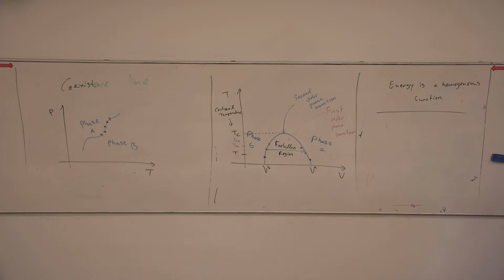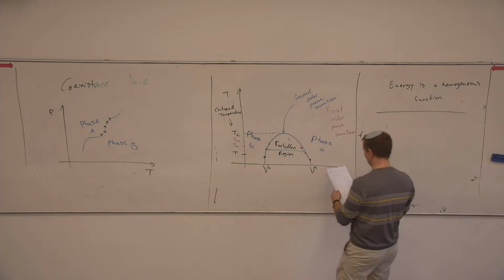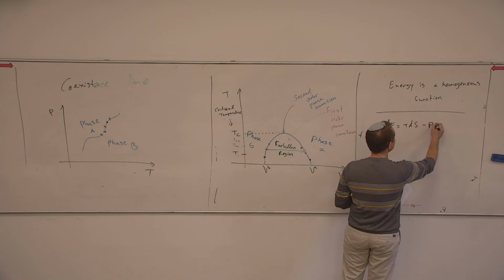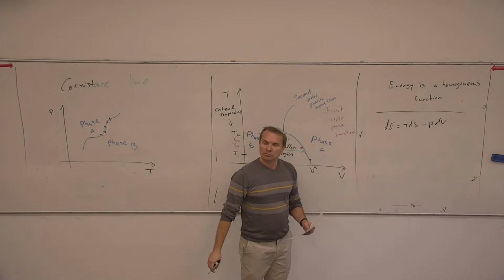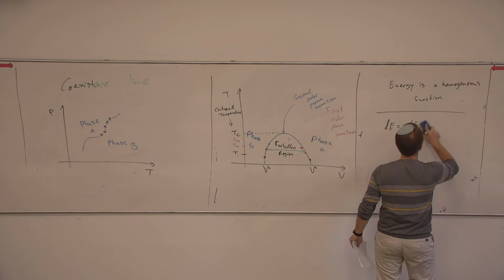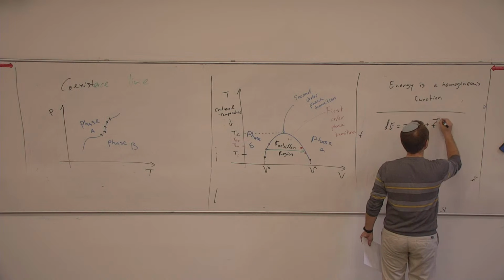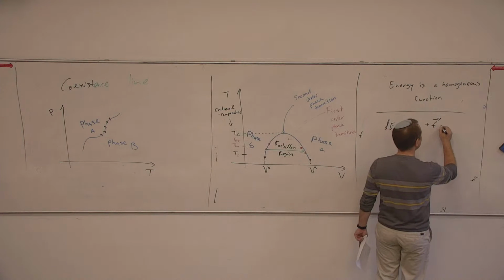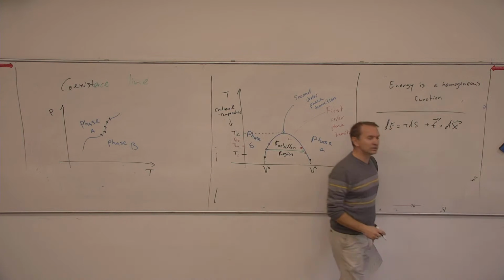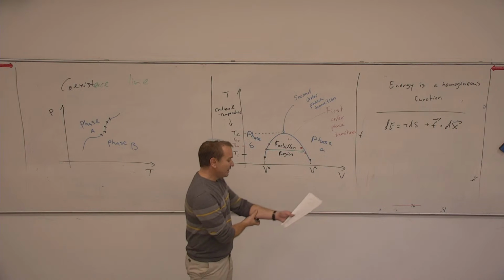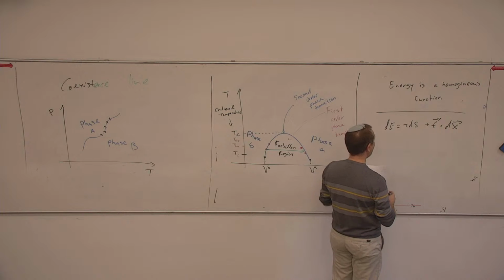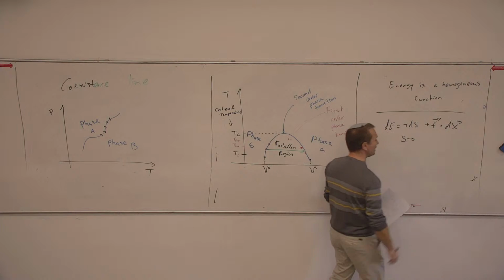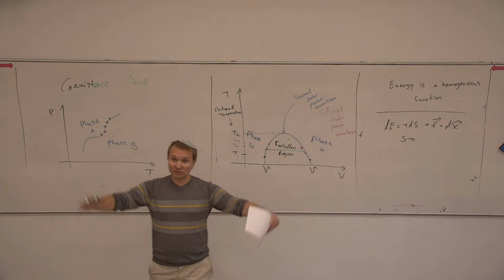So why do I claim that energy is a homogeneous function? We know that dE equals T dS minus P dV, or in general, let's write it down, plus some generalized forces dot generalized coordinates. You remember we used those terms. Now, what will happen if I multiply my entropy, or I increase the size of my system?